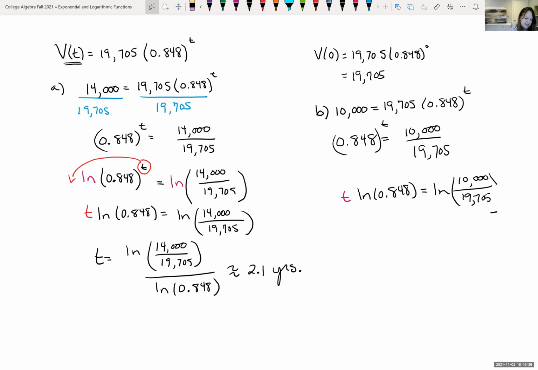Divide both sides by that natural log. So we get t is equal to the natural log of 10,000 divided by 19,705, divided by the natural log of 0.848.